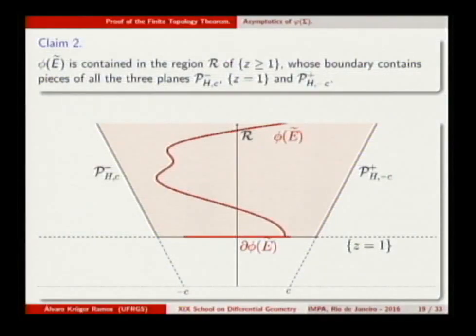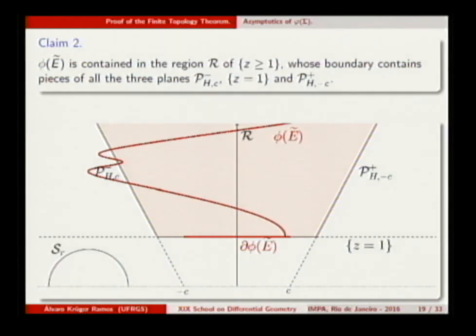So let's assume that's not the case. So you have some point here which is outside of a plane. How do you prove things now? You start with a totally geodesic sphere here, centered at the boundary at infinity of H3, which is below your height Z equal 1. So you know that this surface does not intersect phi of phi tilde because phi of phi tilde is immersed in Z bigger or equal to 1.